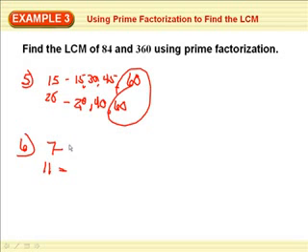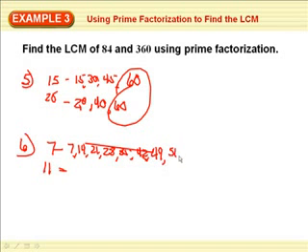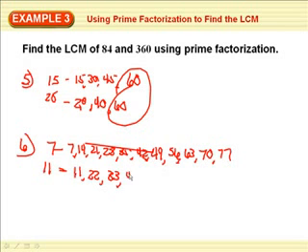You know it's going to be 77, right? 7, 14, 21, 28, 35, 42, 49, 56, 63, 70, 77. 11, 22, 33, 44, 55, 66, 77.